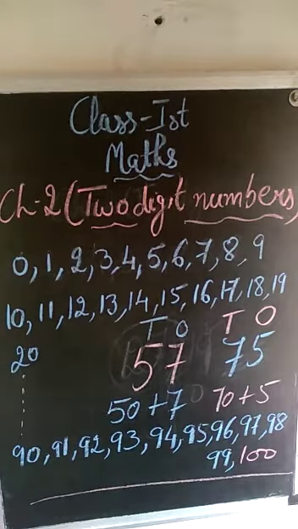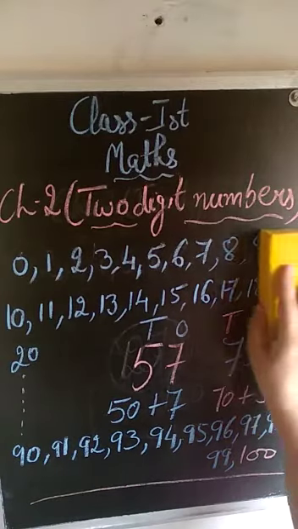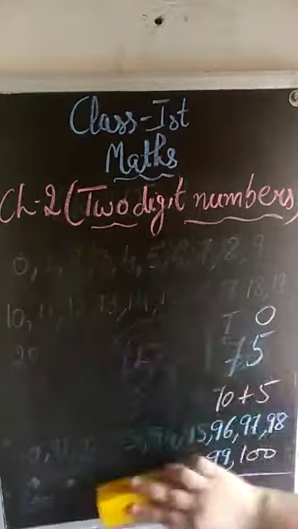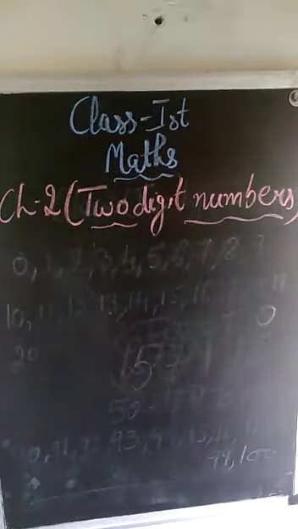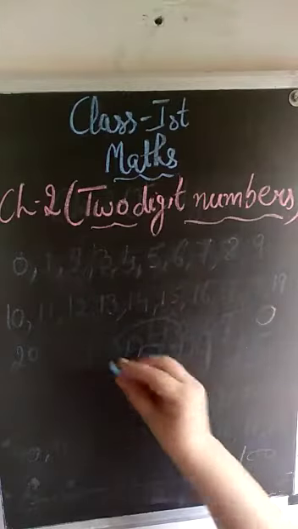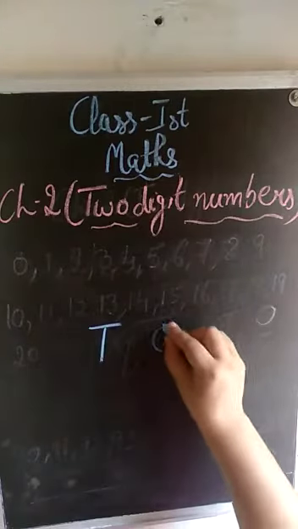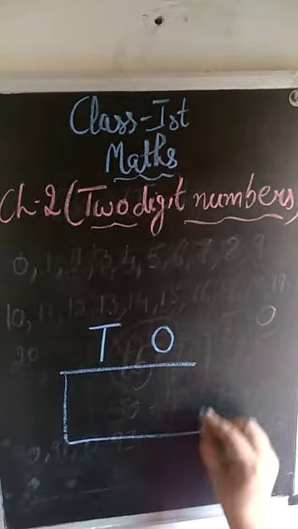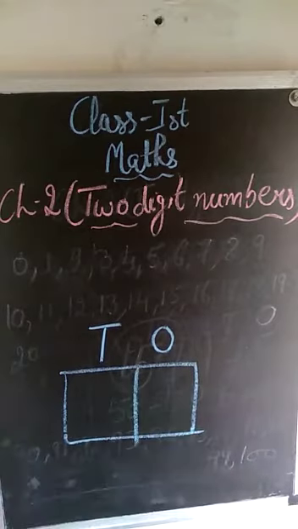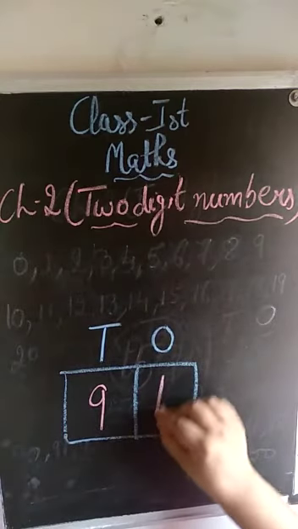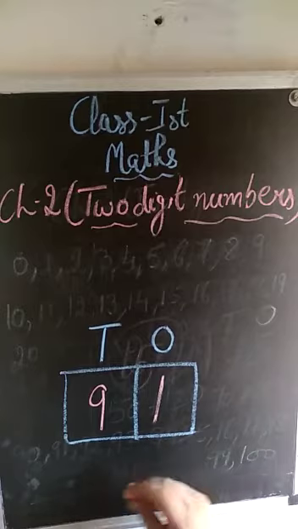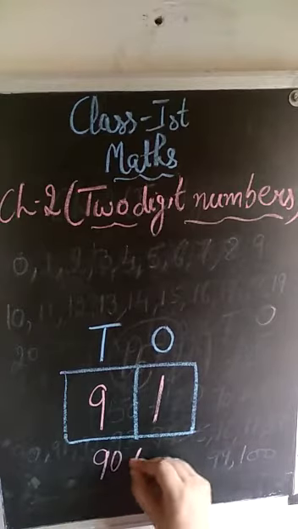This is the main way to find the place value of any given number. Means from the right side we put the digits. Here we have tens and ones. Suppose I am taking 9 here and 1 here, its value will become 91. 91 means 90 plus 1.